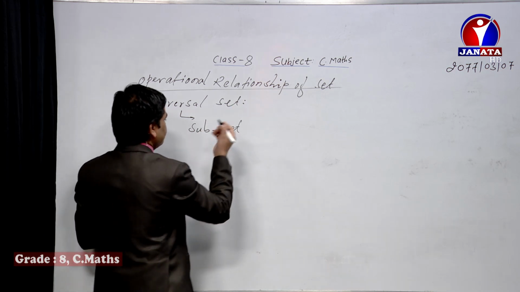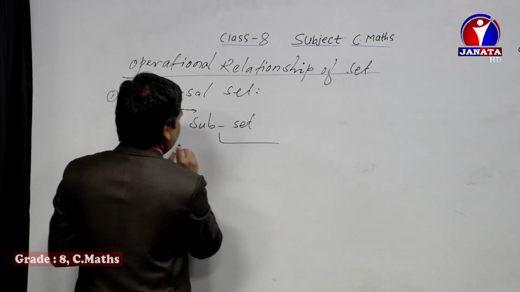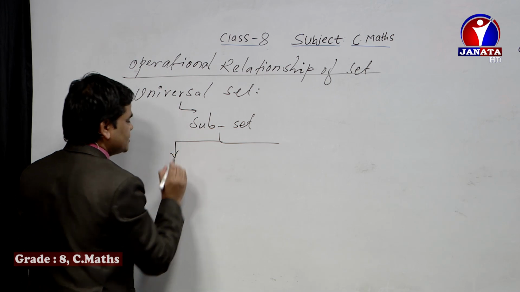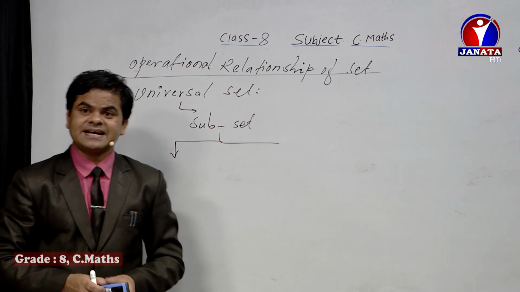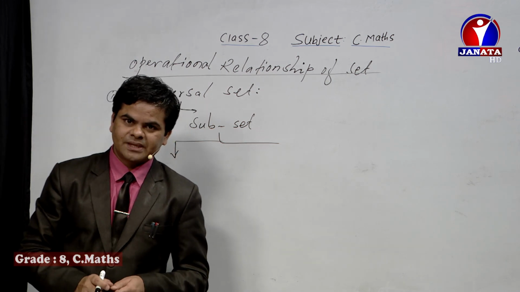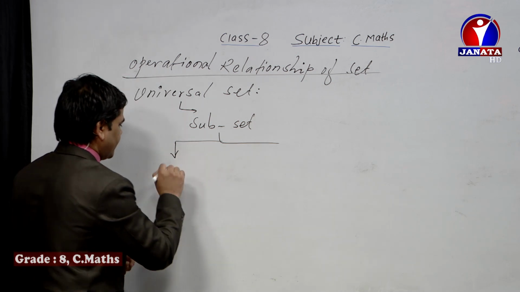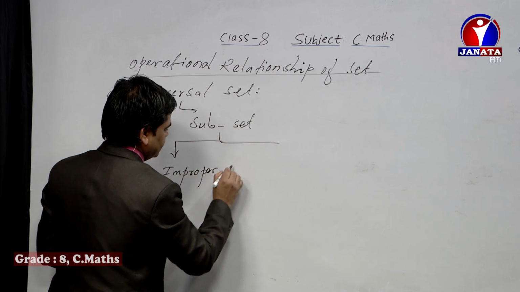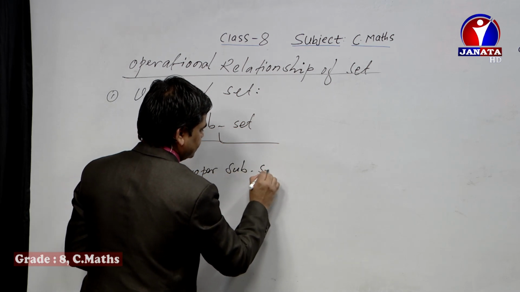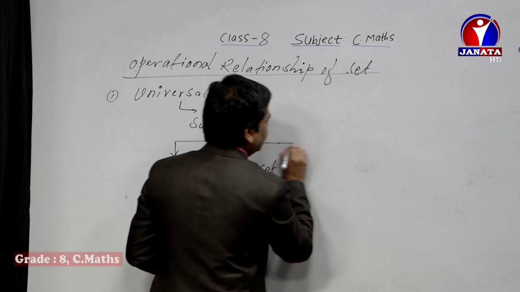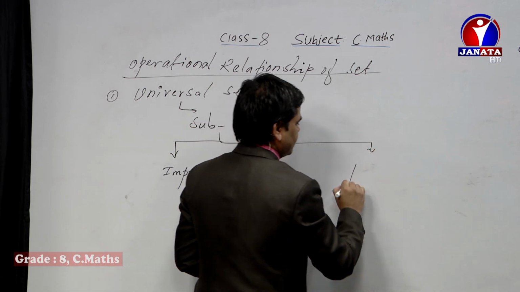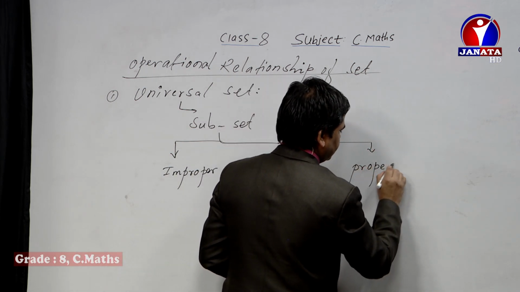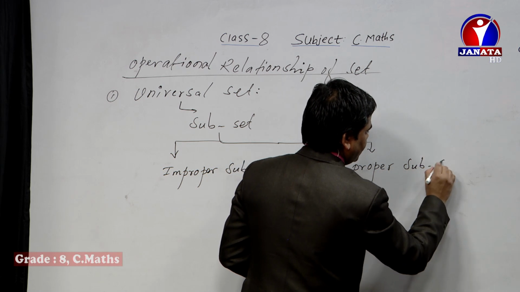And dear students, while studying subsets, you also need to focus on two things. It has two branches. The first one is improper subset, and the second one is proper subset.